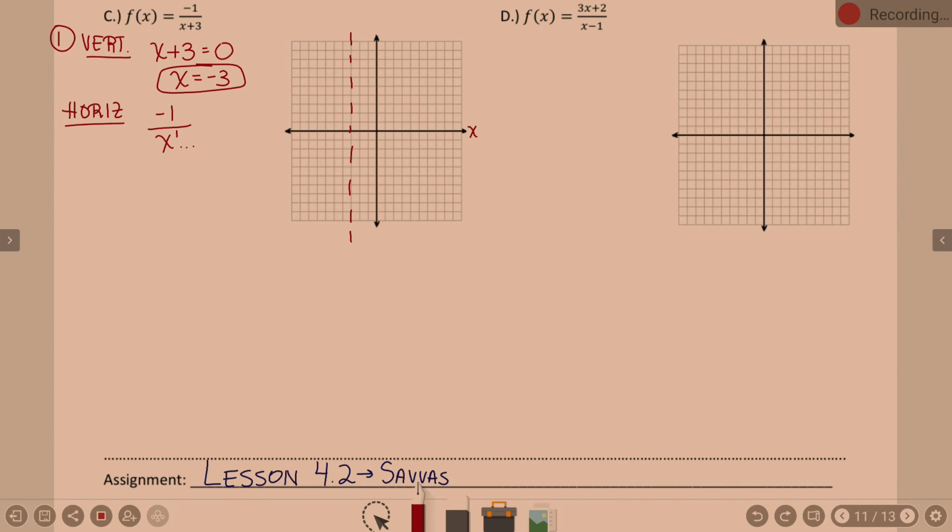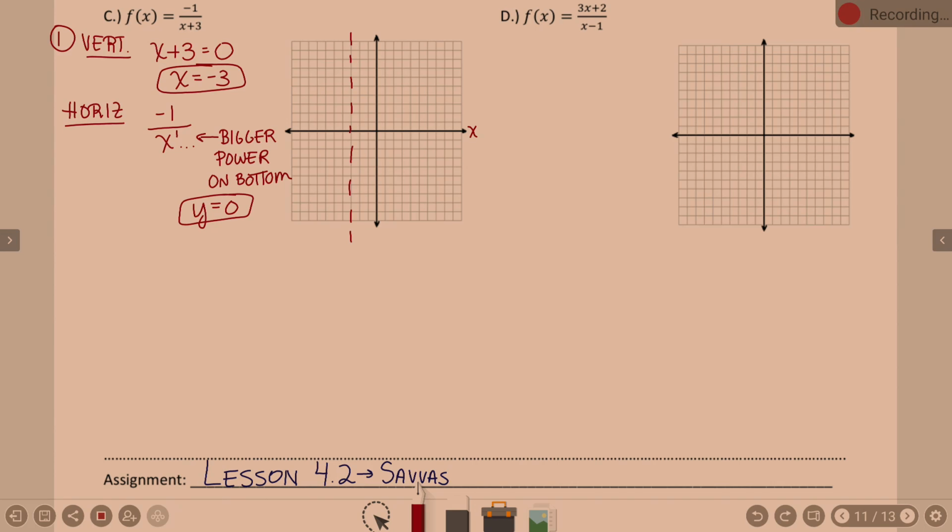On bottom. We've only had this one at a time. What's our rule? Y equals 0. Okay, so when your bigger power is on bottom, then it's always going to be y equals 0.